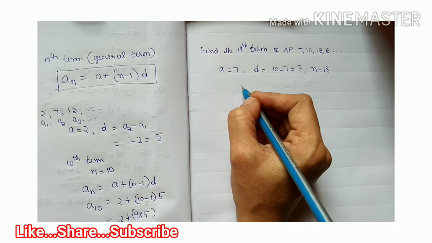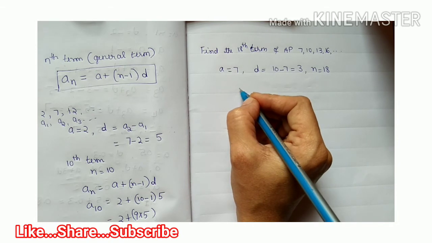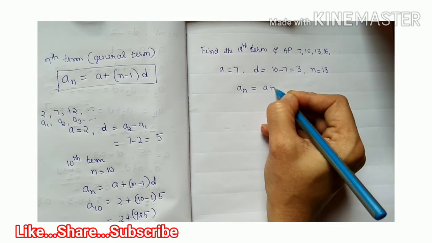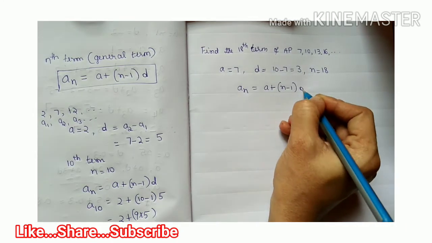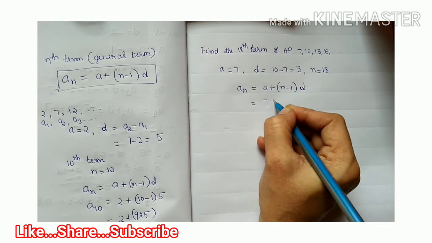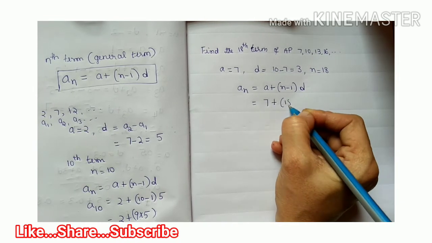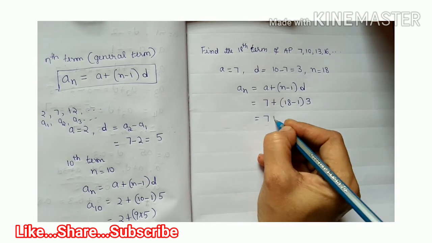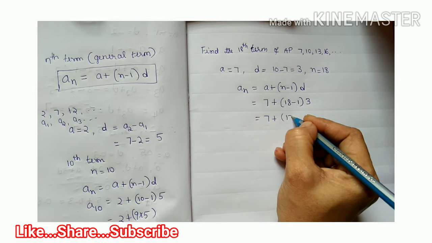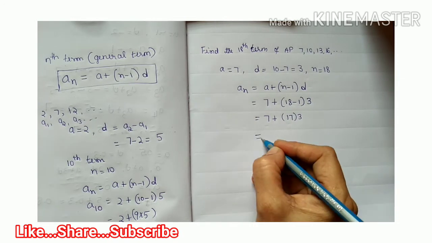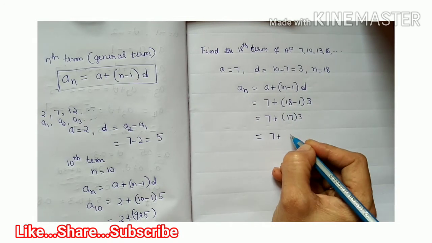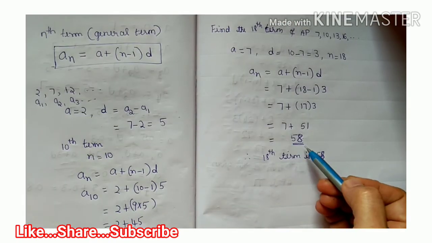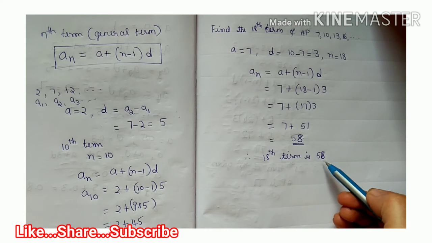We know the formula, the general term or nth term of AP is given by an is equal to a plus n minus 1 into d. That is 7 plus 18 minus 1, d is 3. 7 plus 17 into 3. 17 threes are 51. 7 plus 51, 58. The 18th term is 58.